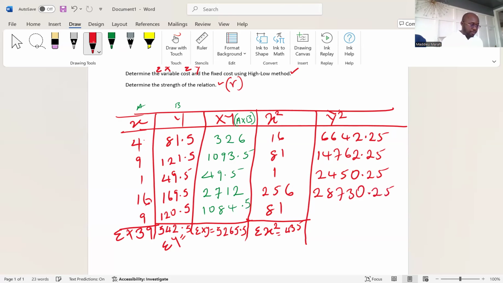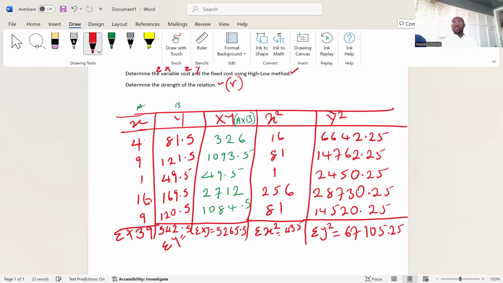And finally, 120.5 square will give me 14,520.25. This would be my sum of Y square, which will be 767,105.25. So I have all my values.